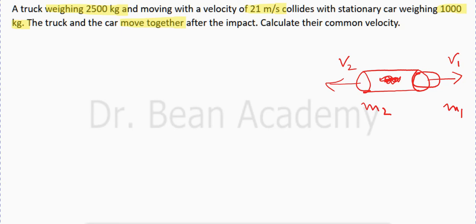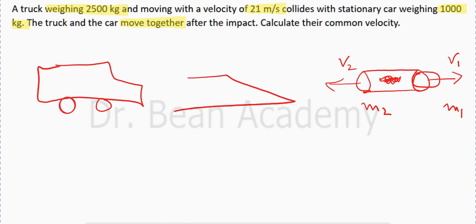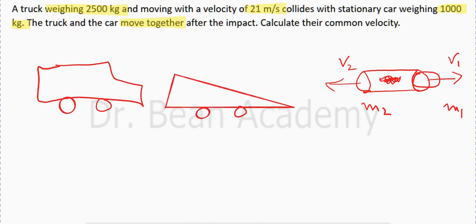So the situation is similar in these questions, but it's opposite. For example, the truck and the car, sorry for the bad image. The car was still, so the velocity of the car was 0, and then the truck comes.